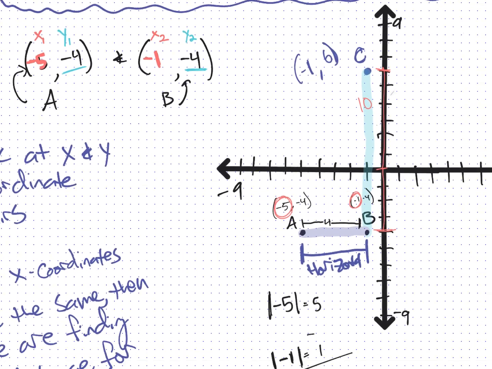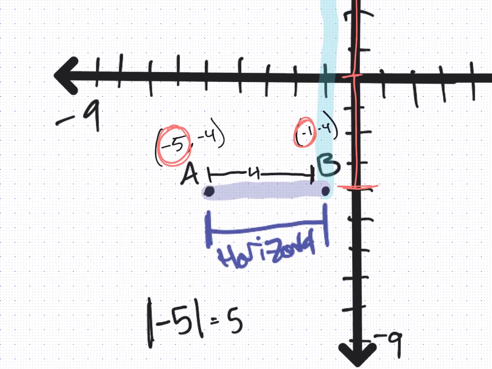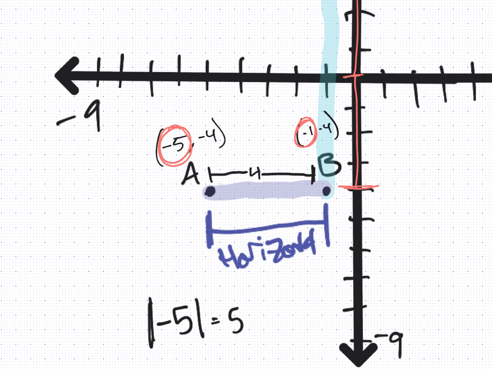So in this first example, I have point A and point B, and I plotted them here where I have -5, -4, and -1, -4. Now, what I have to do, since I'm ignoring my Y coordinates because this is a horizontal difference, we're looking at basically the distance of our X coordinates.